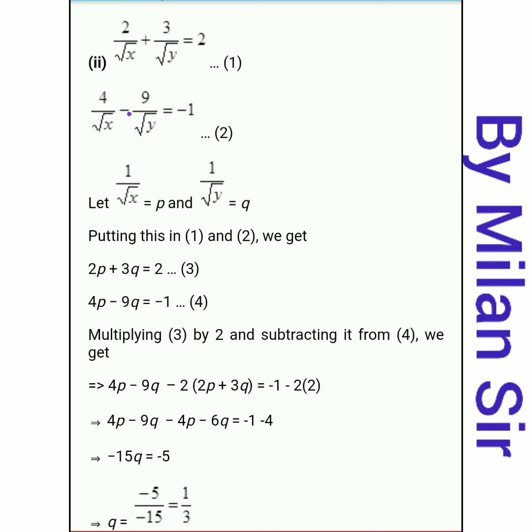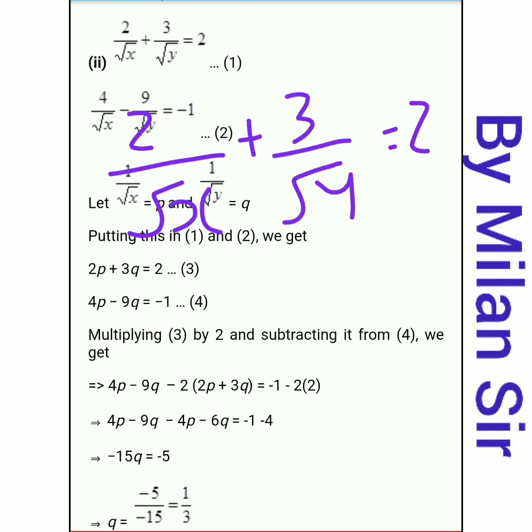So our first equation is 2 upon under root x plus 3 upon under root y is equal to 2. So here we can write multiply 1, because 2 ones are 2. Same thing here, 3 ones are 3. So we can write multiply 1. Now 1 upon under root x, it is our p. So before that we have 2.